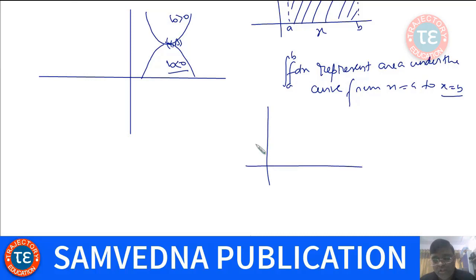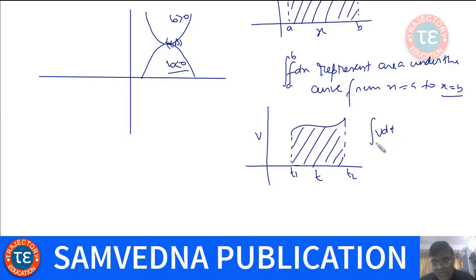Suppose this is a velocity versus time graph, and the graph is like this. Say t equal to t1, and this is t equal to t2. Then the area under this velocity versus time graph will give you what? Integral of v dt from t1 to t2. And what is this going to be equal to?